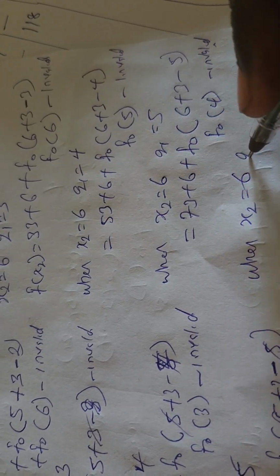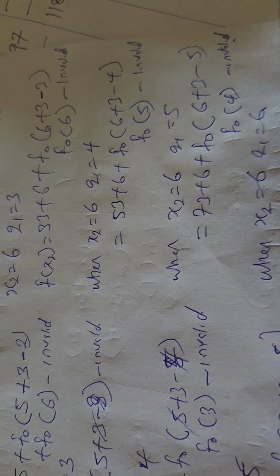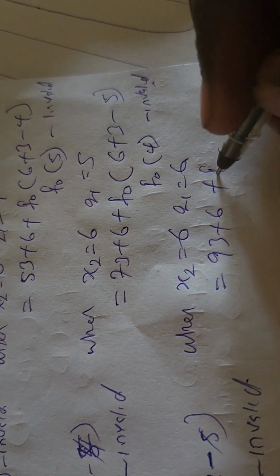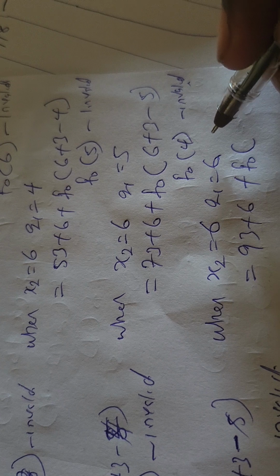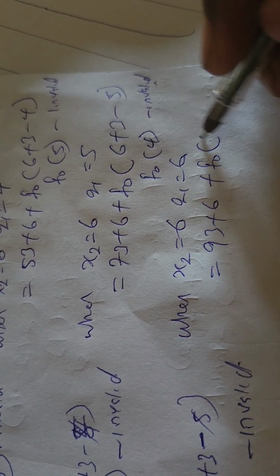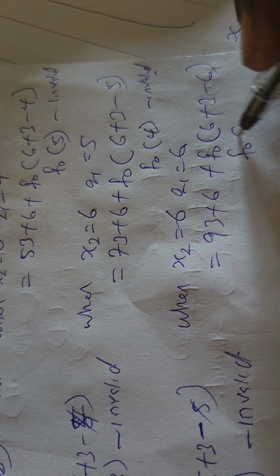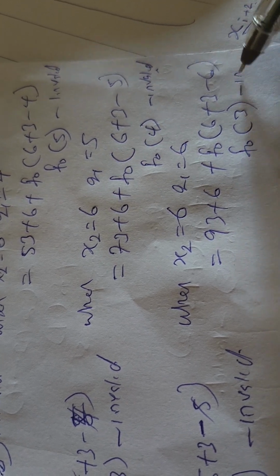Next, 6. That's 93 plus 6 plus 3 minus 6. F naught here is equal to 3, right? Invalid.